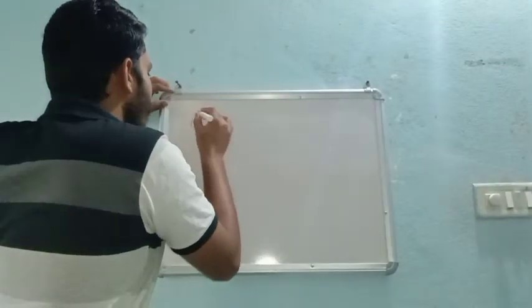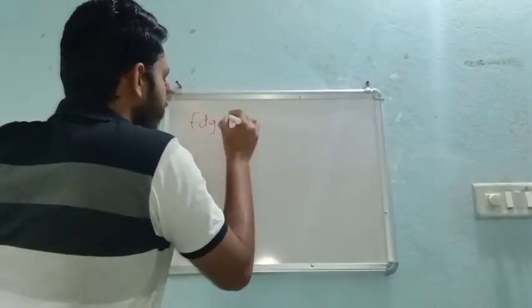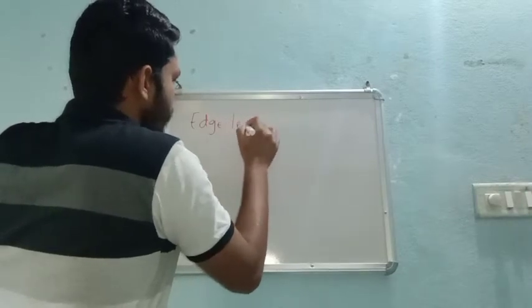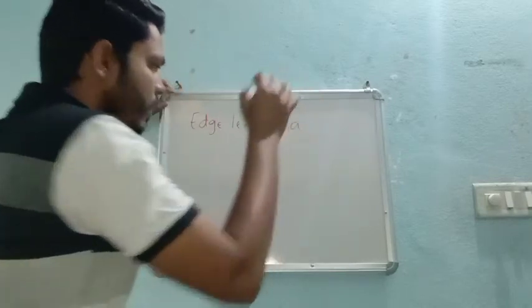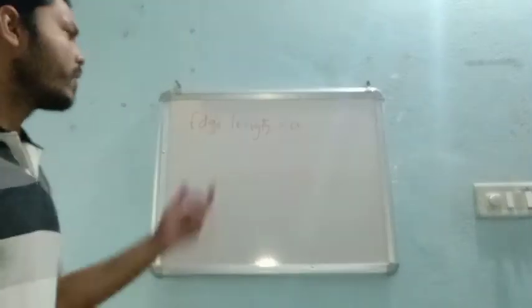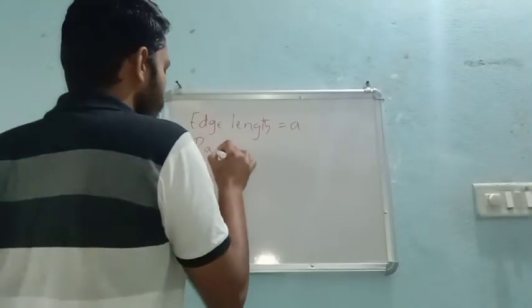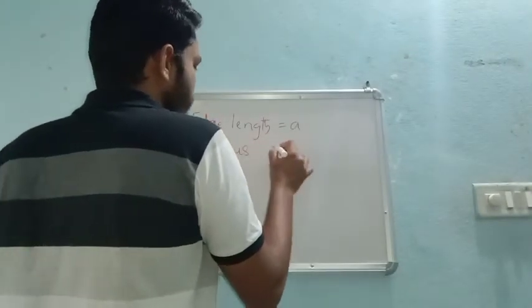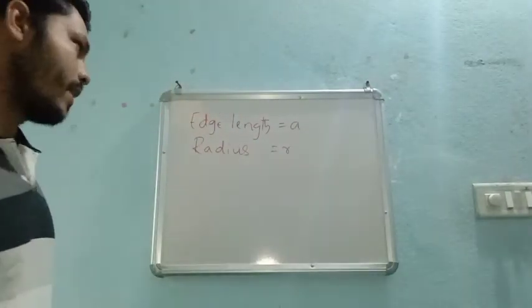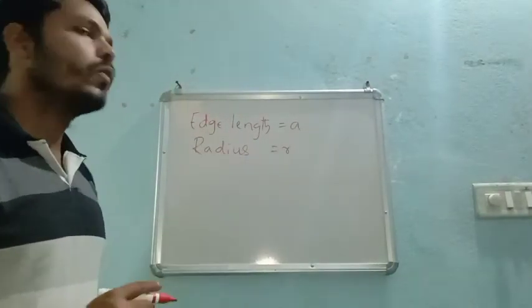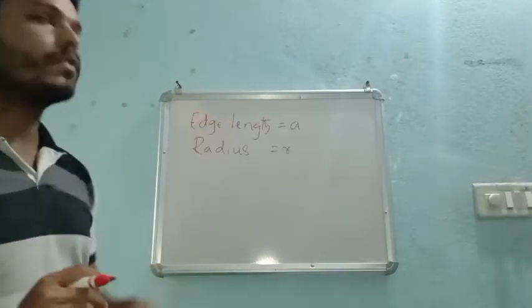Here we need to know what is edge length, right? This is denoted by the capital letter A. What edge length is, we will see later. And the next one is radius, which will be represented by small r, right? So we need to see these two things.